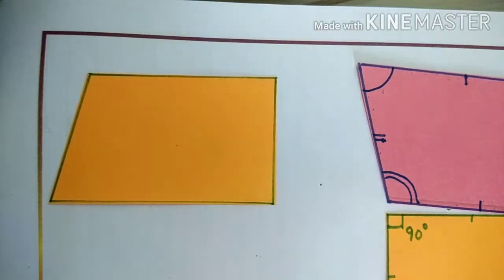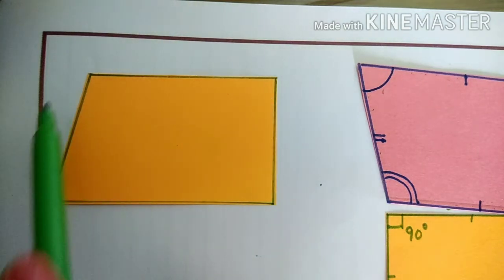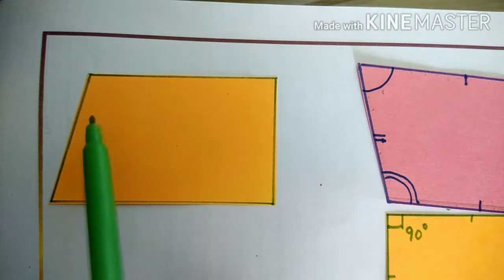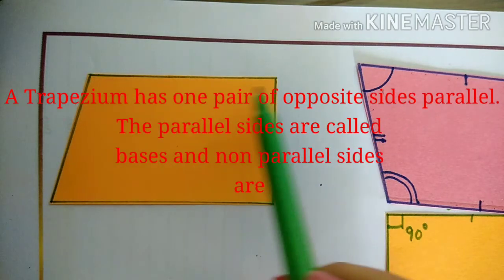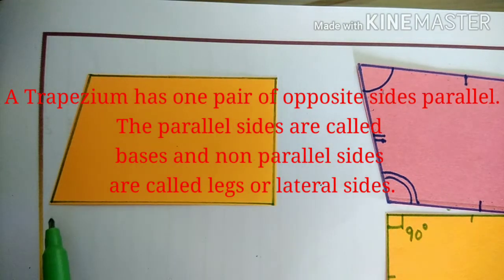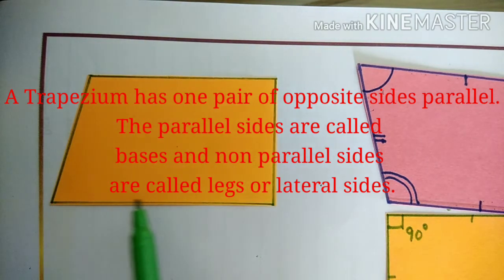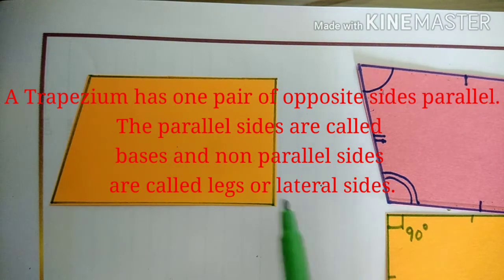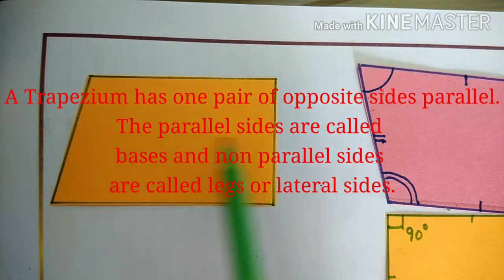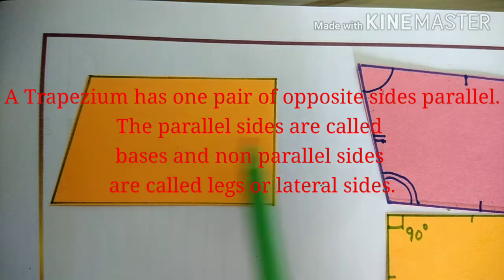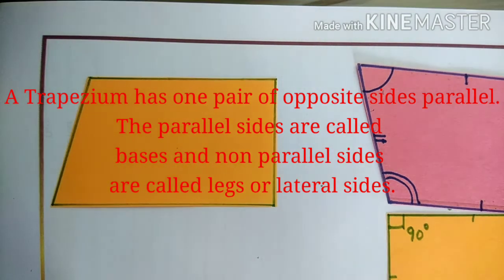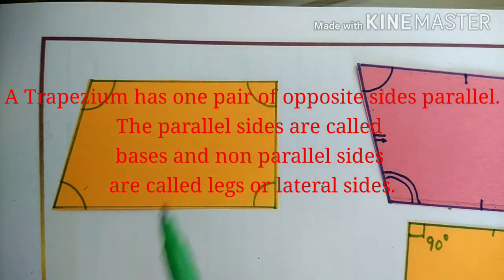This shape is a trapezium. It has four sides. A trapezium has one pair of opposite sides parallel. The parallel sides are called bases and the non-parallel sides are called legs or lateral sides.